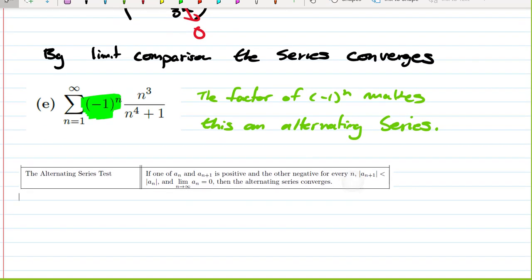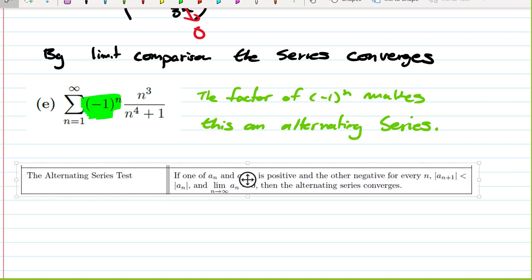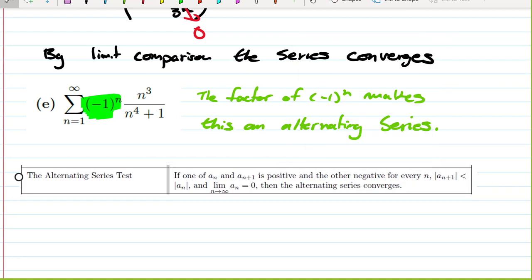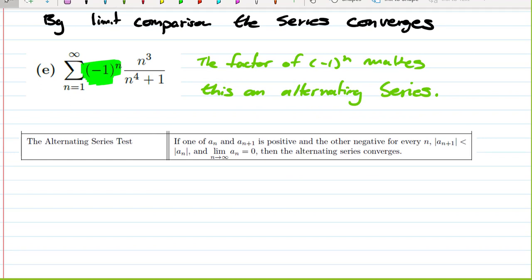The alternating series test says if a_n and a_(n+1) are such that one is positive and the other is negative for every n, and a_(n+1) is less than a_n, and the limit as n goes to infinity of a_n equals zero, then the alternating series converges. So we need to show that it is decreasing and always positive.